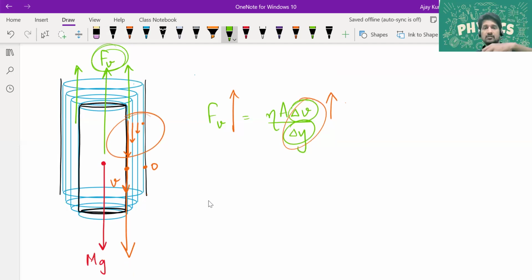As the cylinder gains speed, the relative speed between fluid layers increases, and if the relative speed between the oil layers increases, the viscous force becomes stronger and stronger. So after falling a certain distance, the weight will get balanced by the viscous force. Once weight is balanced by viscous force, the net force becomes zero, and then it moves with a constant velocity. That velocity is called terminal velocity, but we'll use that term later. We won't call it terminal velocity now.